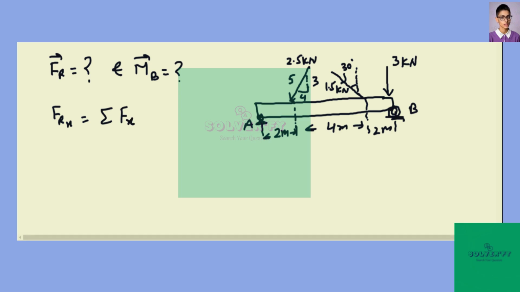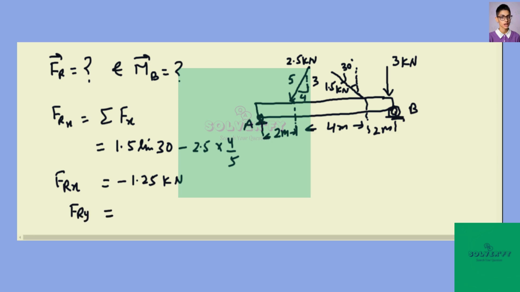So all these forces are to be resolved into their components, and I am writing their values here: 1.5 sine of 30 minus 2.5 into 4 by 5, and the component along the y-axis is 0. So the X component of the resultant force we will get is minus 1.25 kilonewton.